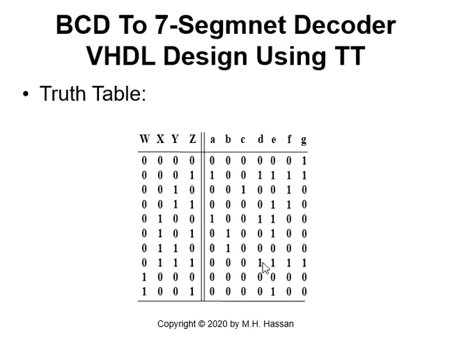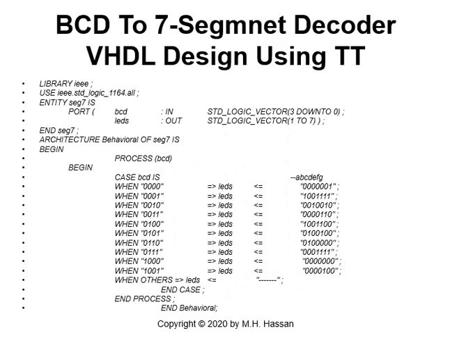Now, how do we represent this truth table in VHDL code? This is very, very simple. We define the library IEEE, use IEEE.std_logic_1164.all, and then the entity. We call it SEG7, 7-segment display, and the input port we define as BCD.